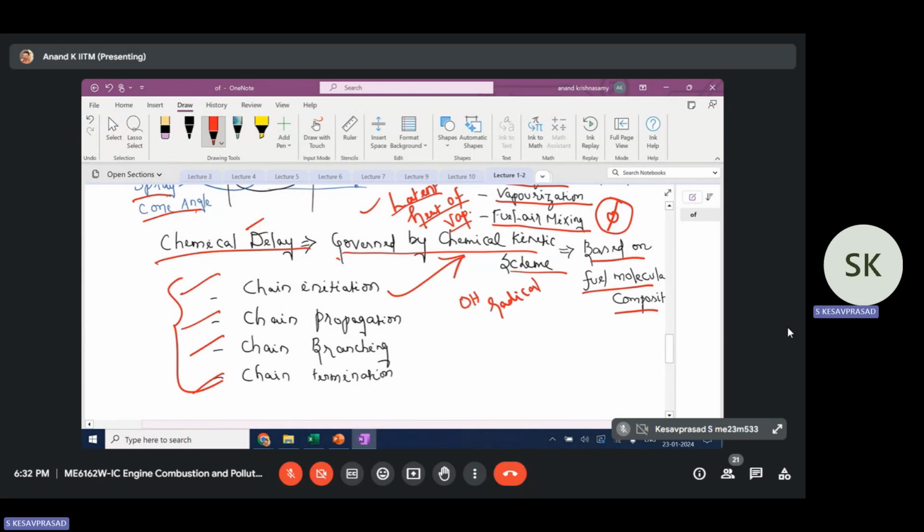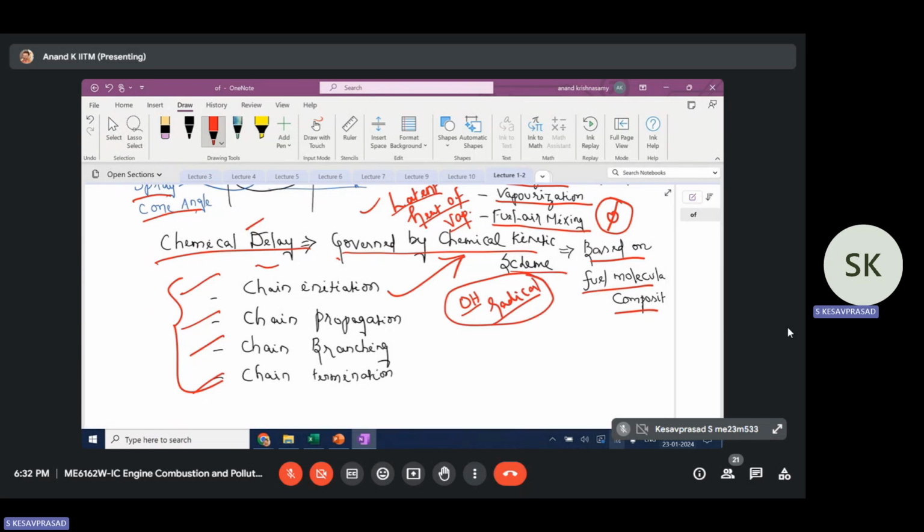Start of combustion or start of ignition is tracked by checking when this OH radical is forming. Formation of OH radical is an indication that the ignition is going to get started. So when we do research on optical engine, we keep a check on when this OH radical is formed in the engine cylinder, because that is an indication of start of combustion. We do track this, and this is happening during the chemical delay time.